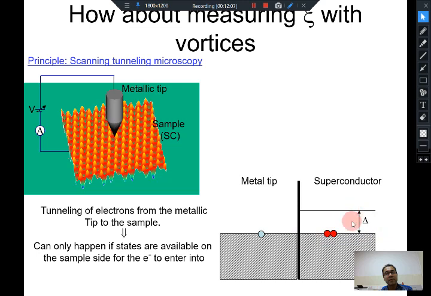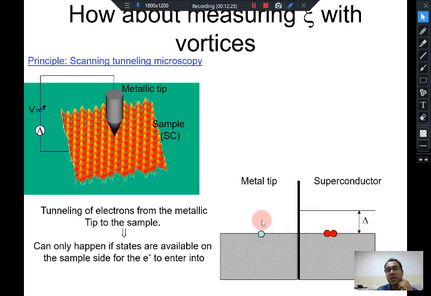There are zero states in this region, and below it everything is completely occupied. So an electron cannot tunnel from the metal to the superconducting side, because these are all filled states. Empty states are only available above the gap.